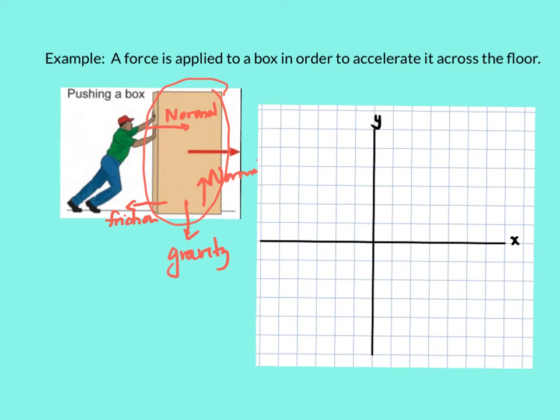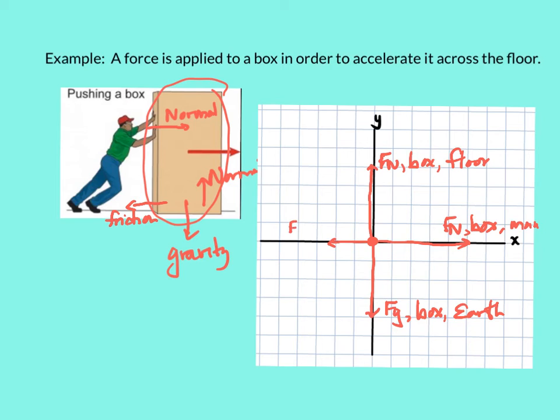Okay, so I take my box and draw my gravity, force of gravity on the box by the earth. Normal force on the box by the floor. I've got another normal force here on the box by the man. And I've got some friction.